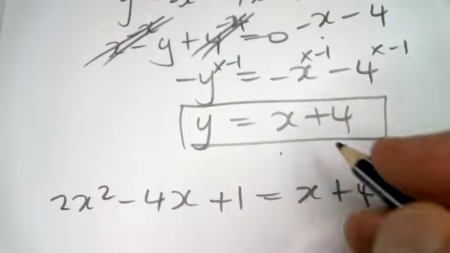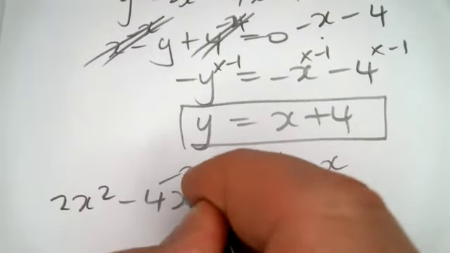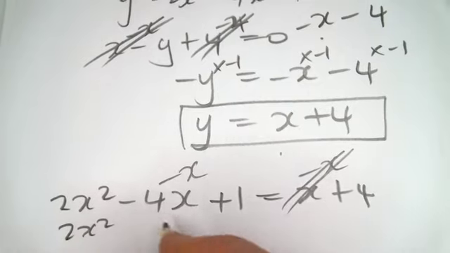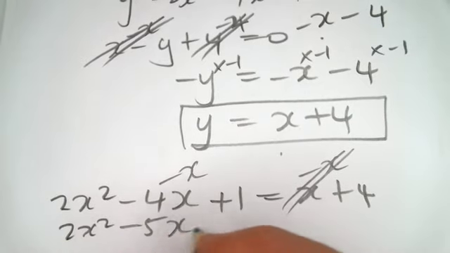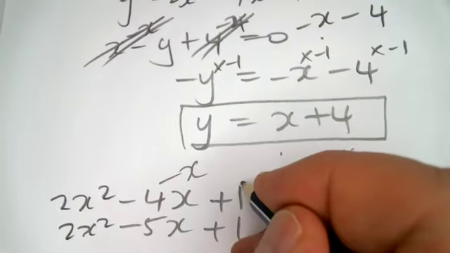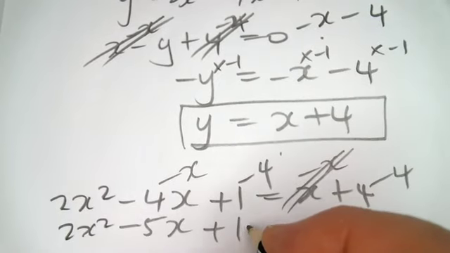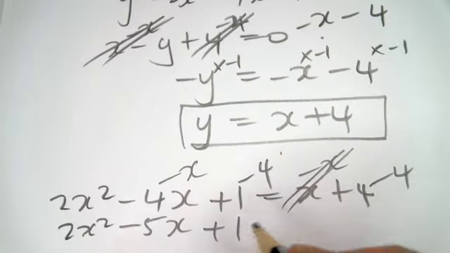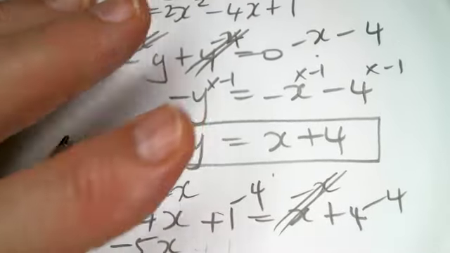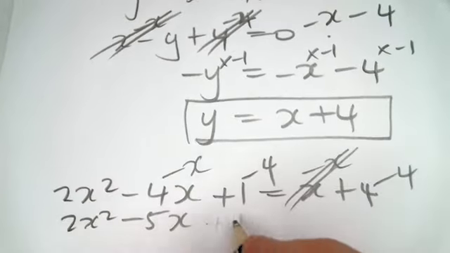First things first, I'm going to subtract x from both sides, making that 2x squared minus 5x plus 1. I'm going to subtract 4 from both sides. So that is now going to be minus 4. 4 minus 1 is going to be minus 3, in fact. So I'm just going to rub this out and write minus 3 in there. Here we go, is equal to minus 3.